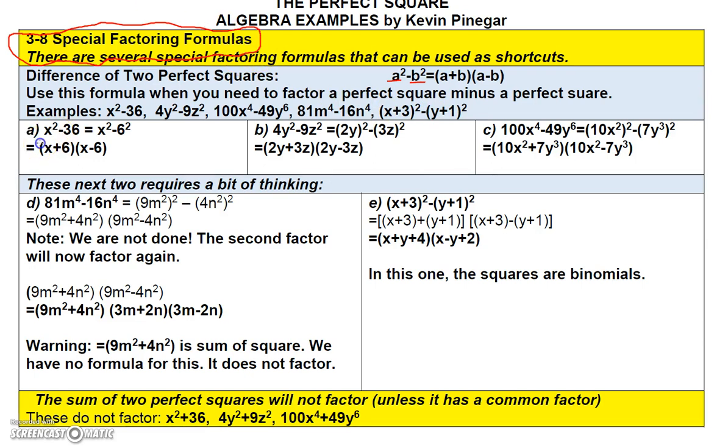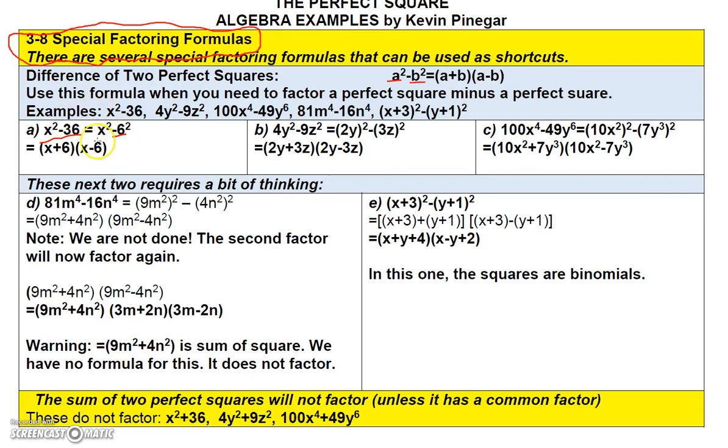So one way to determine how to factor these differences of squares is to think about what values are squared. So on the x squared, it's pretty obvious, that's just x squared. But on 36, that's actually 6 squared. So that's the clue as to what this is going to factor into.